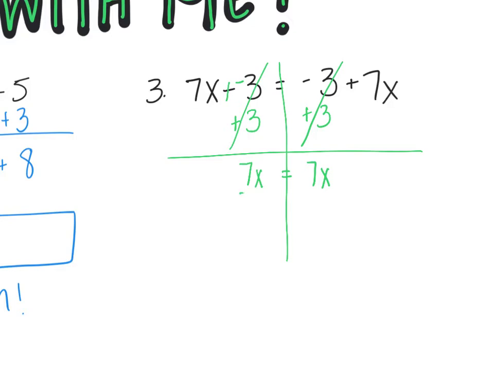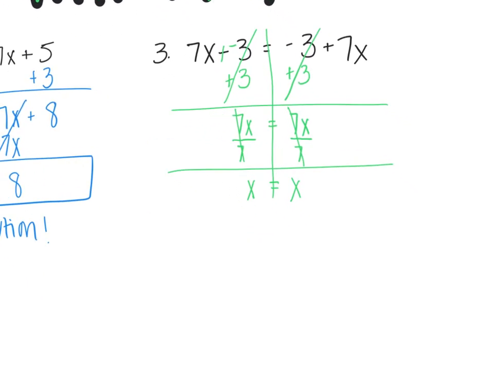So to get x by itself, which is always my objective, I'm just going to divide both sides by 7. And because I'm dividing by the same number that's already on both sides, they both cancel out, and I'm left with x equals x. Okay? Now, when you ever get an answer that looks like this, x equals x, 4 equals 4, 3 equals 3, 21 equals 21, that means that there are multiple answers that will work for this.